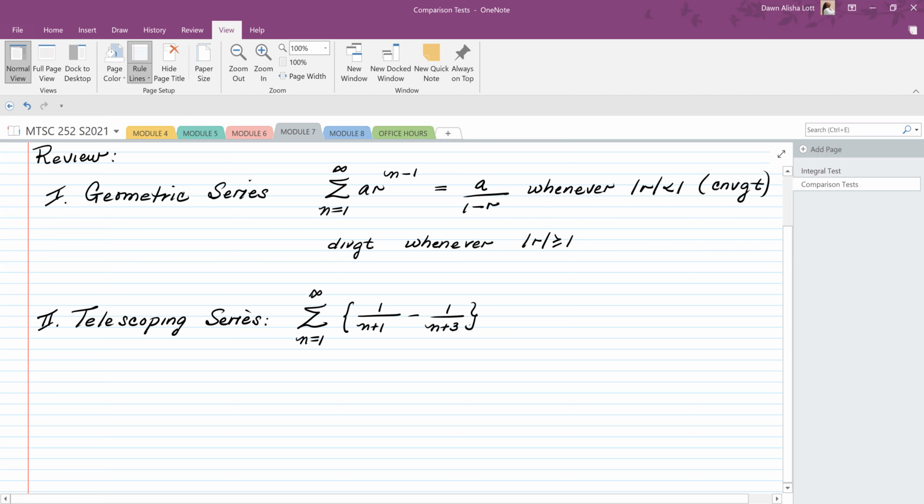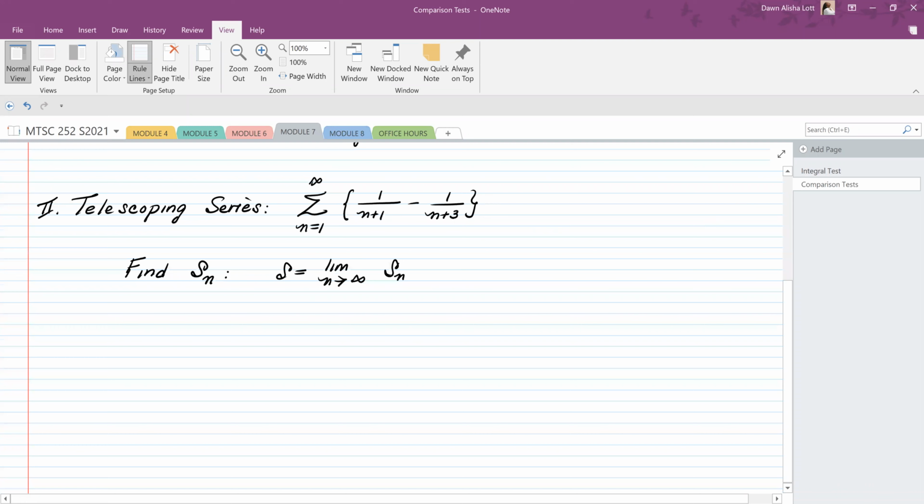And for this one, I told you to find the nth partial sum, and then you actually can sum the series. It becomes the limit as n approaches infinity of the nth partial sum. So recognizing it's a telescoping series, showing that it converges, and then basically drawing the conclusion that it's convergent.